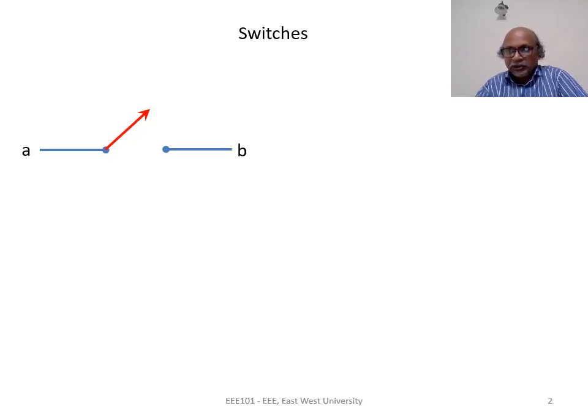A switch is an equipment which has two states, either an open state or a short circuit state. The way this switch is shown between node A and B, this is open circuit, or the switch is open. We can operate the switch and close it at t equal to 0.